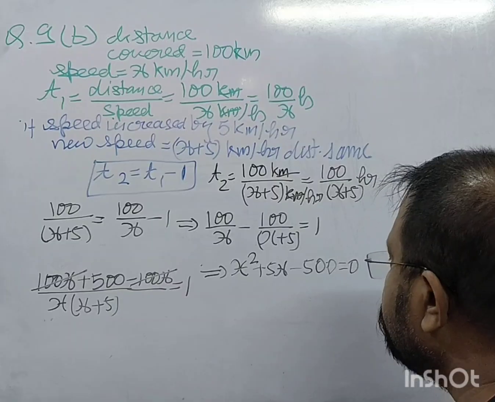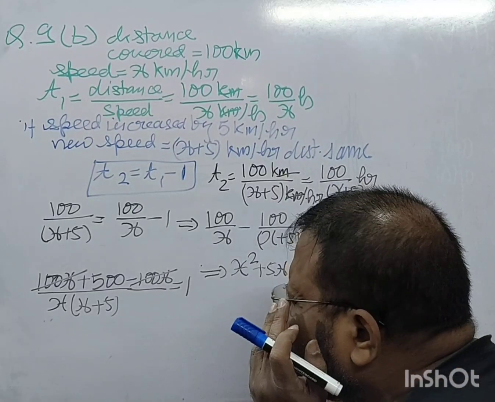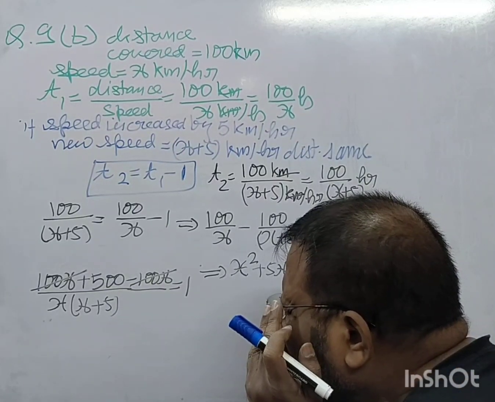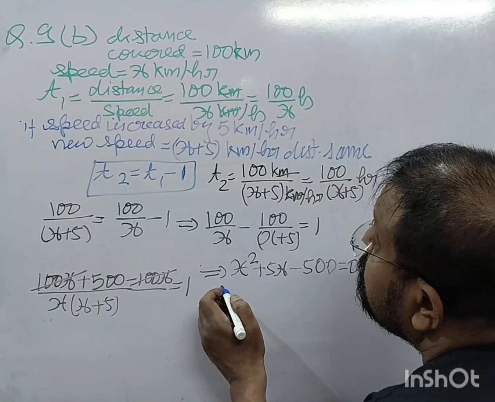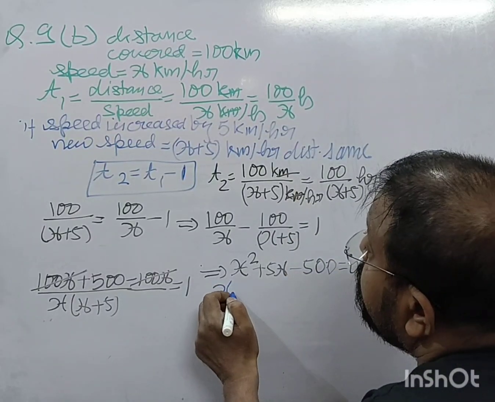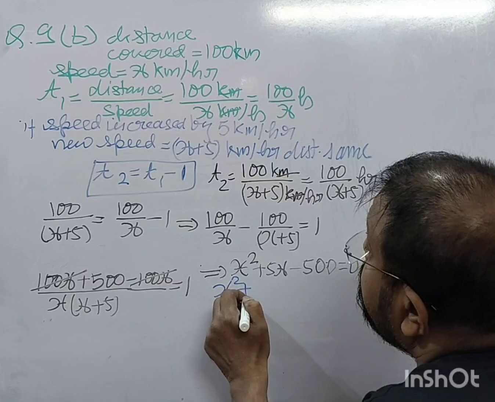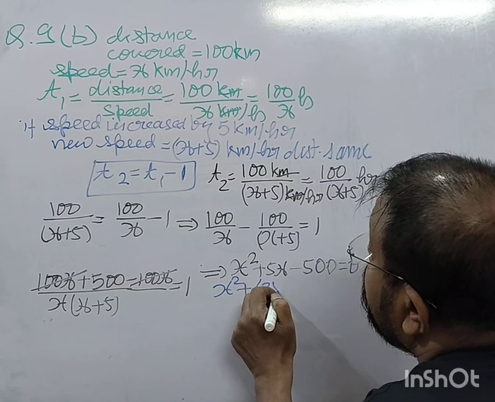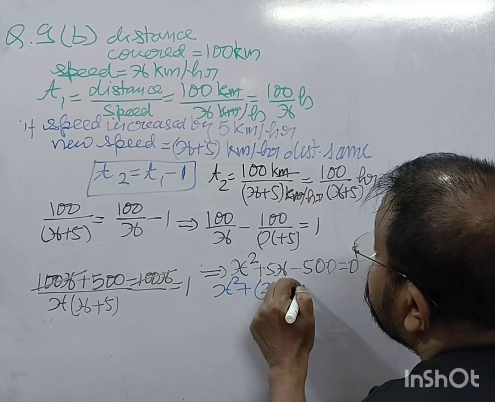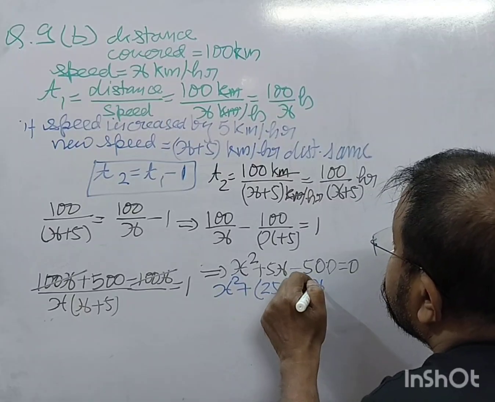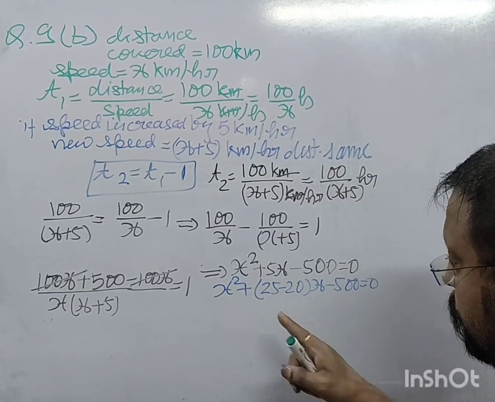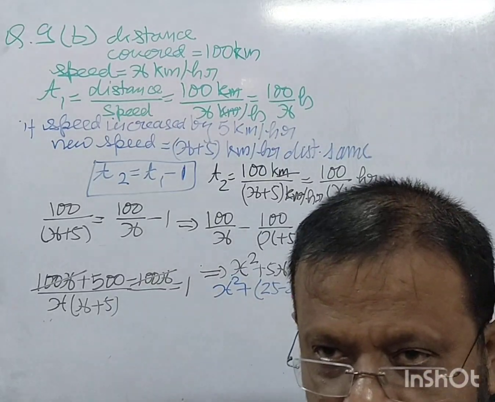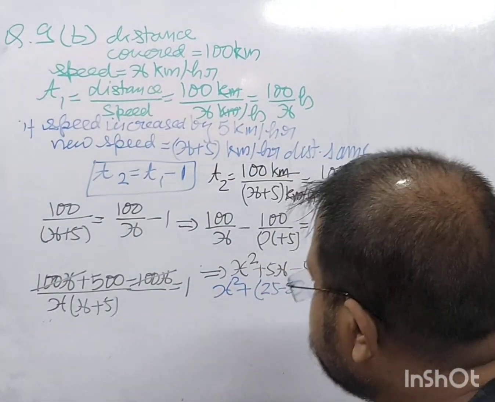Now what will happen? x square plus 25 minus 20 x minus 500 is equal to 0. 25 into 20 is 500.